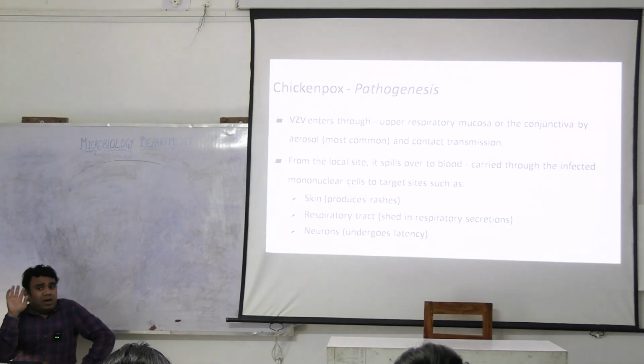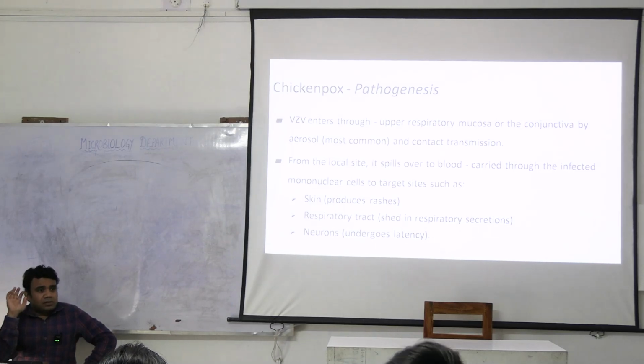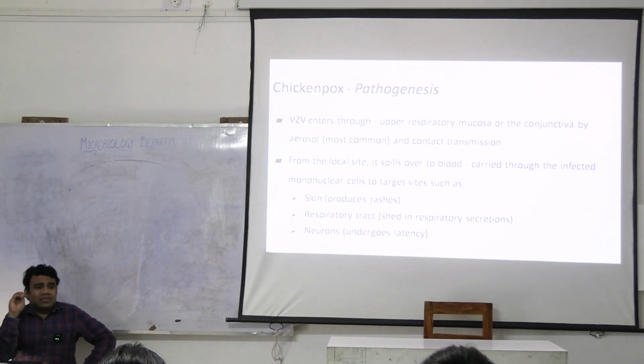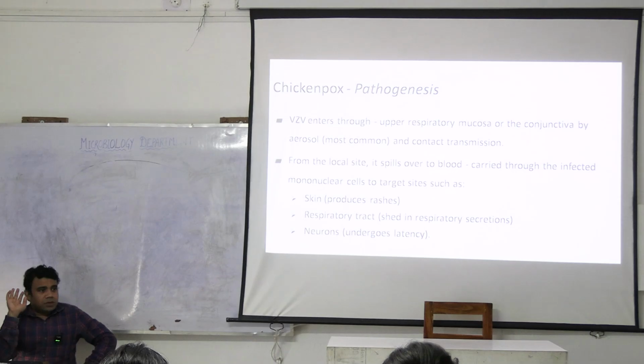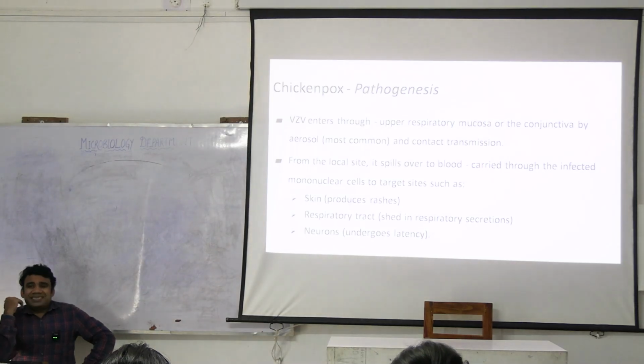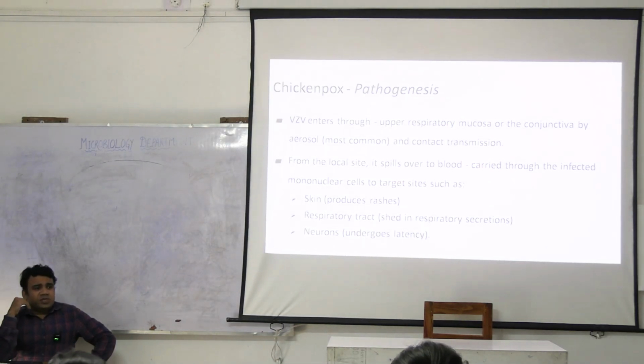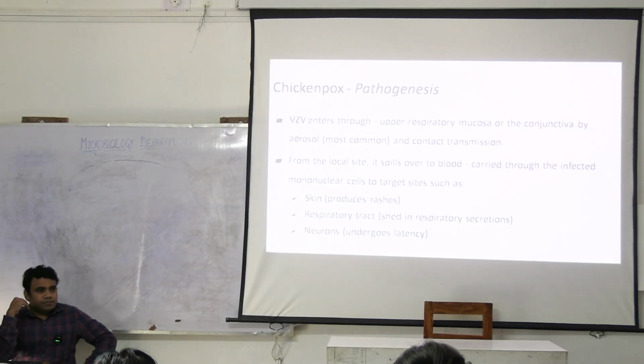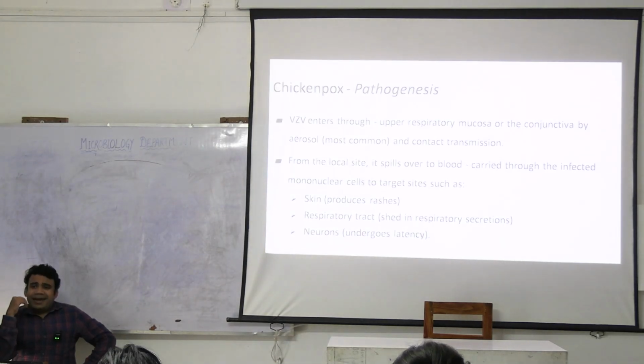However, keep in mind it is not restricted only to the nerves and skin. Almost all internal organs may be affected. Most commonly, the respiratory tract is affected. Hence, after the viral episode, secondary bacterial infection of the respiratory tract, that is secondary bacterial pneumonia, is very commonly seen. Other than that, any deep-seated organ including the liver, the spleen, even gonads like testes and ovaries can also get infected.